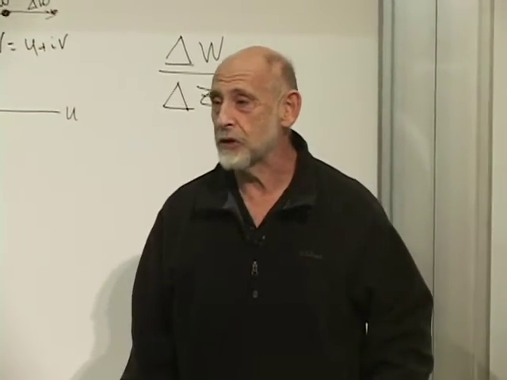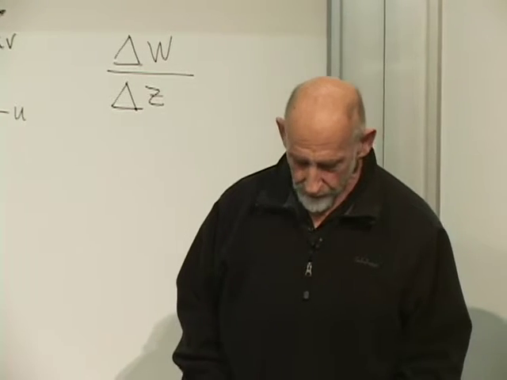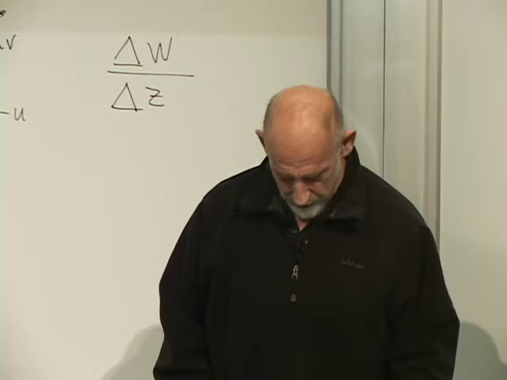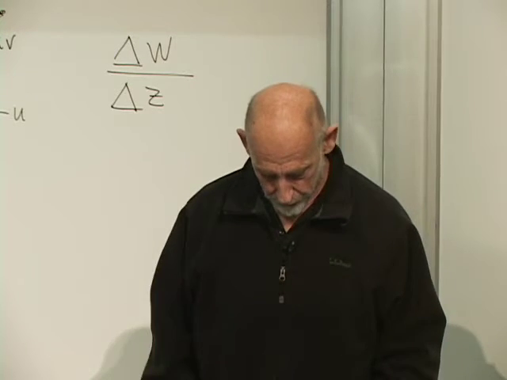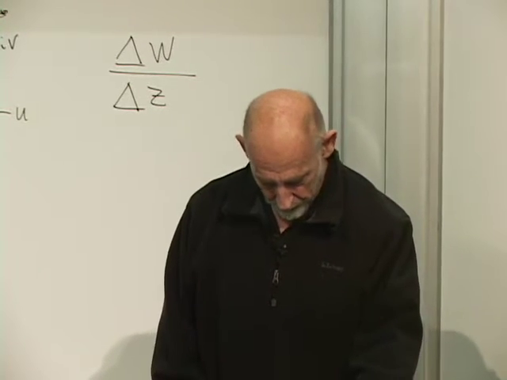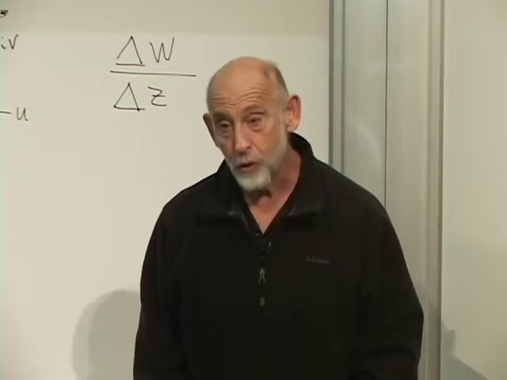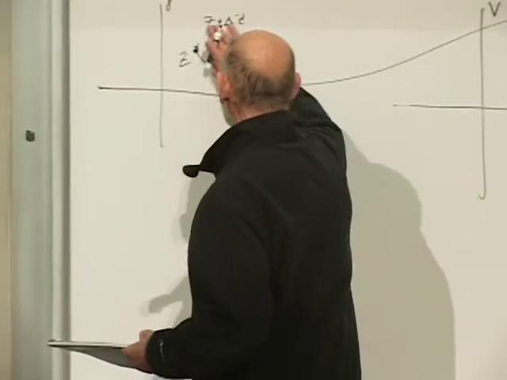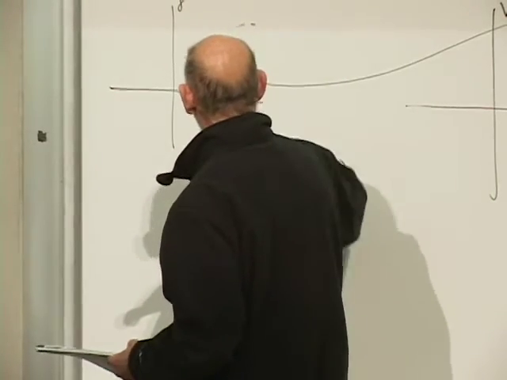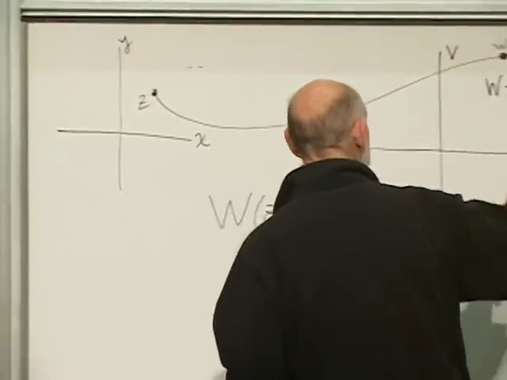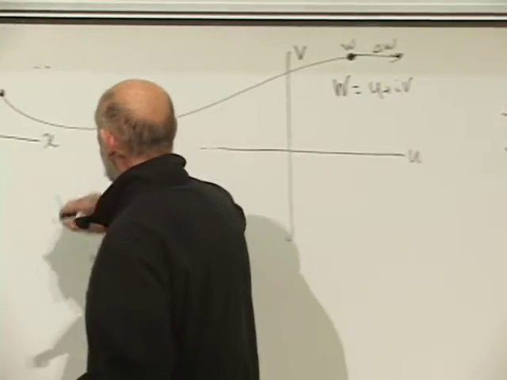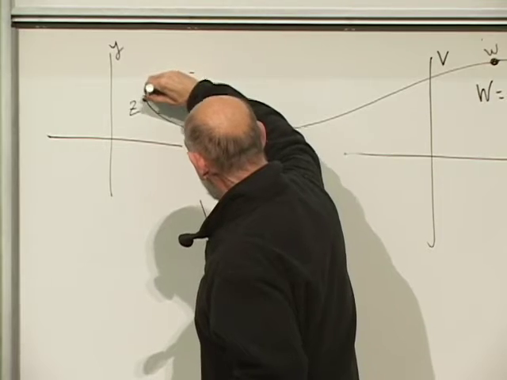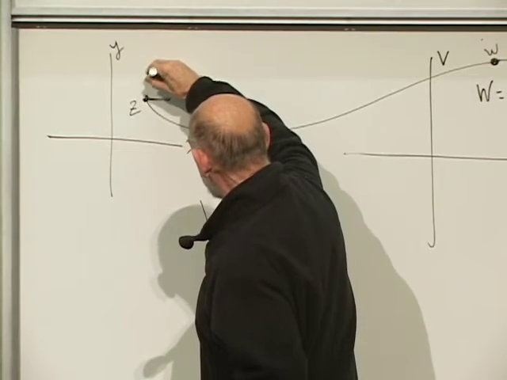You can go home and prove it's a necessary condition. It is a necessary condition. And it's almost as easy to prove as what we will do, but I'll leave it for you for homework. What I'm going to do is work out the necessary condition by asking that the ratio delta w over delta z is the same if you come in along the x-axis or along the y-axis.